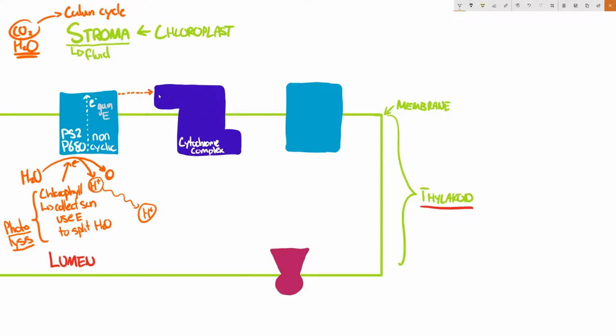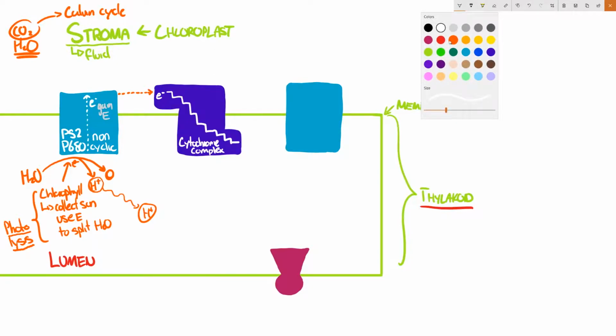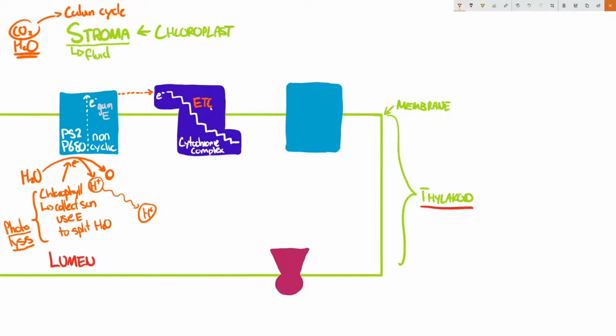So our electrons arrive, they come in, and now they're going to go down what we often depict as this ladder. And this is our electron transport chain. So we are going to lose energy, but this process is very important.